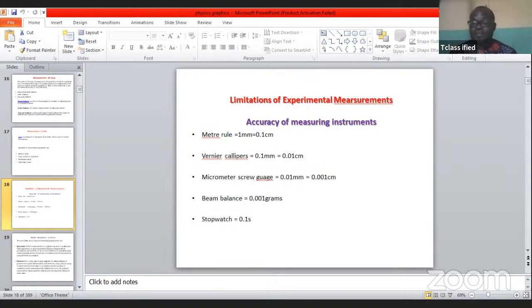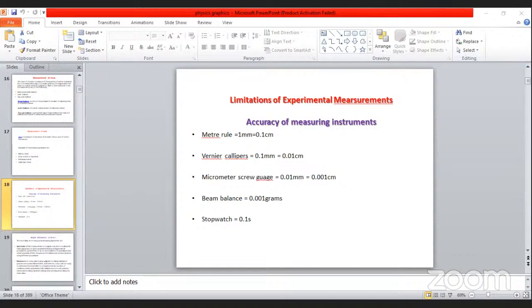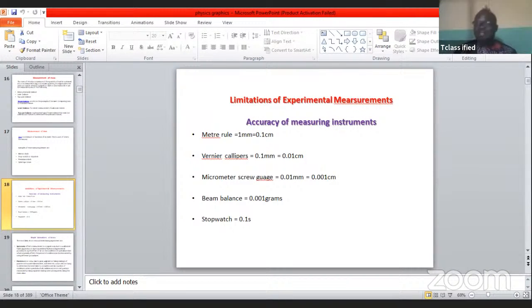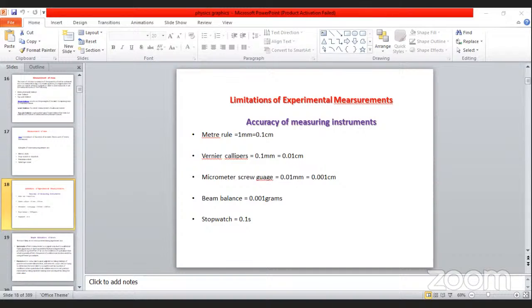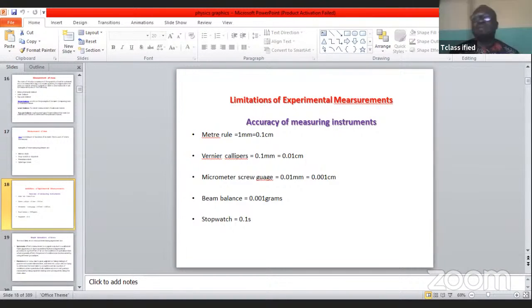I only gave you three, but now I'm asking you to give me 10. So consult any physics textbooks that you know, then check it out. Together with the units, I also want you to define for me what derived units are.